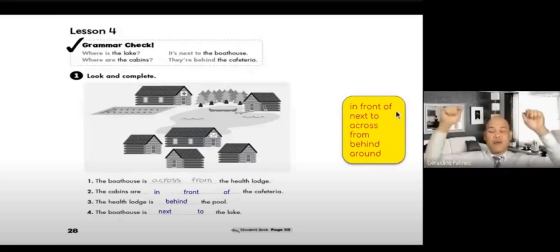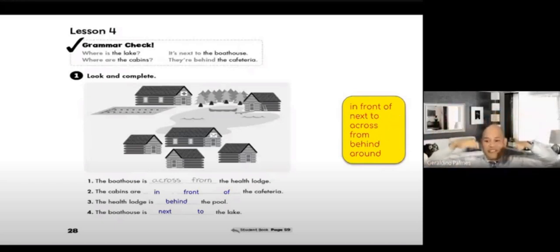In front of, remember, in front of, next to, across from, behind, around. Now, and with this also, grammar, we use the question where is for singular and where are for plural things we are asking for.